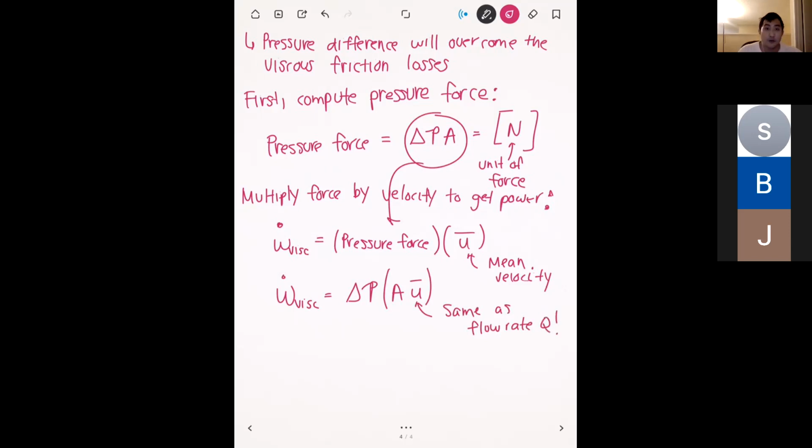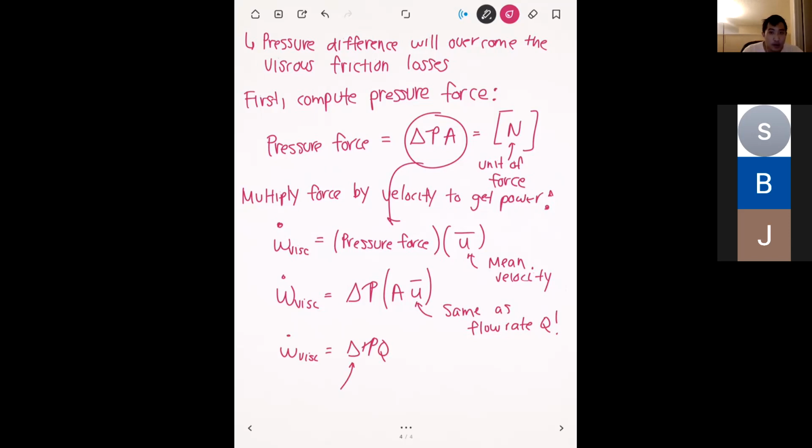Remember, flow rate is the volume of blood that passes through a cross section, and one way we can compute that is to take the mean velocity and multiply by the area. So from that, we get a simple formula: W dot visc is equal to delta P times Q. Pretty simple. You just find the pressure difference and multiply by the flow rate.